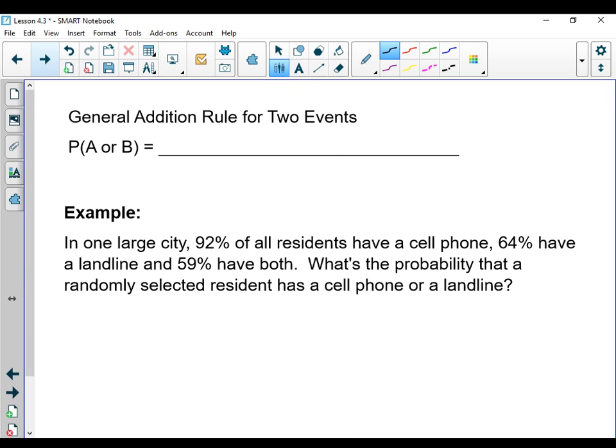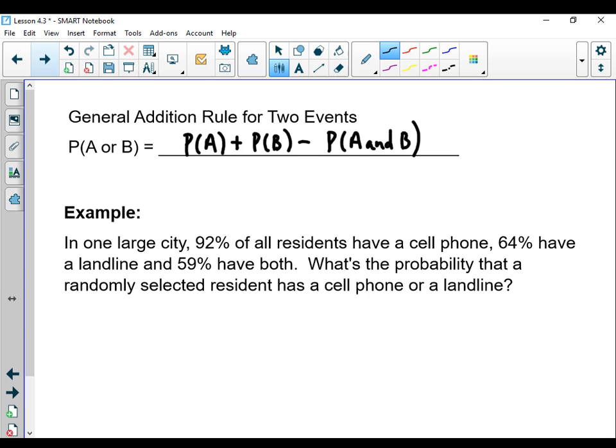Or in general, I'm going to use this addition rule. What's the probability of A plus the probability of B minus the probability of A and B happening? And we call that the general addition rule for two events.